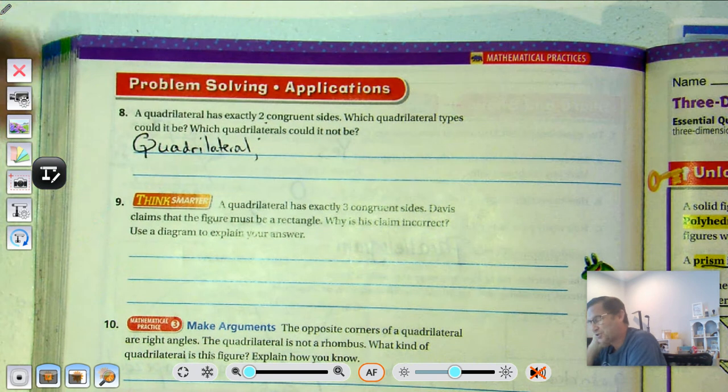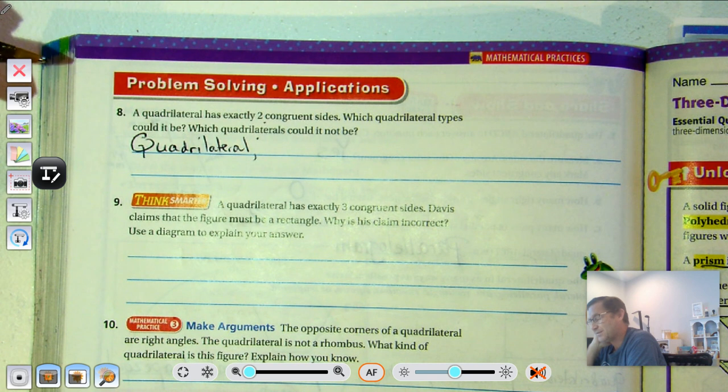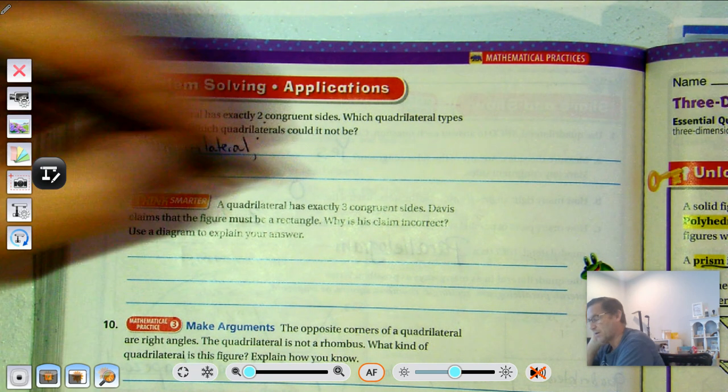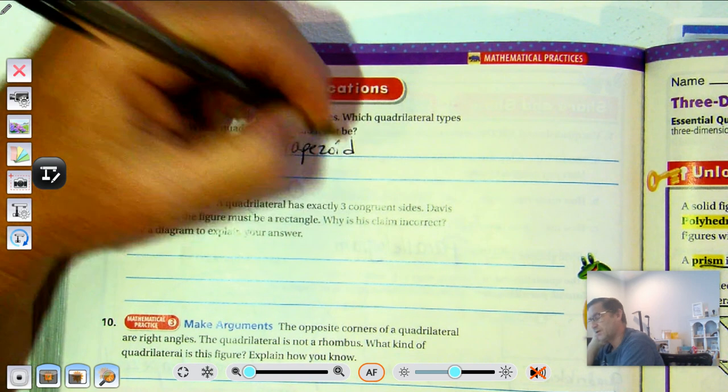And if it has exactly 2 congruent sides, just quadrilateral. Maybe a trapezoid. Could be a trapezoid.